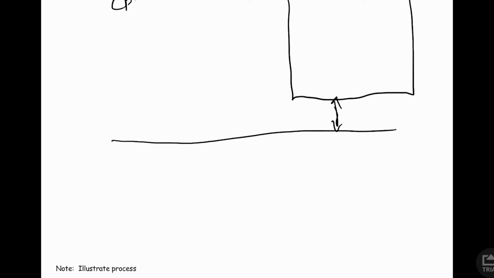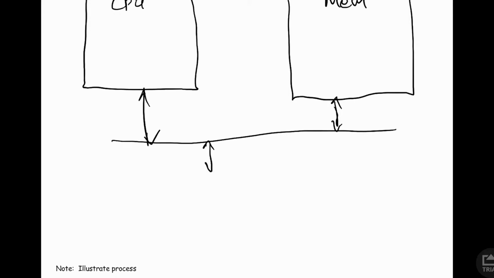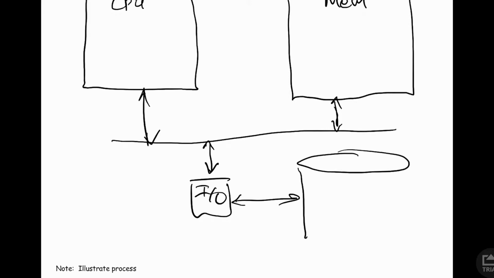So here's your CPU. And I'm going to draw that a little bit bigger. So we have memory, we have CPU, and then we also have an I/O controller in our von Neumann architecture. And hanging off of that I/O controller is our disk. Okay. And I'm going to draw that pretty big.